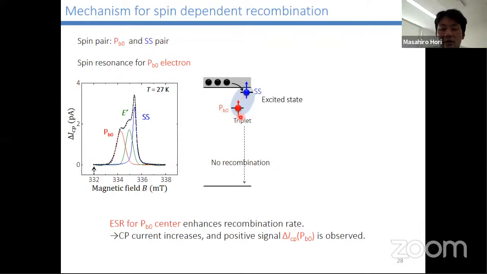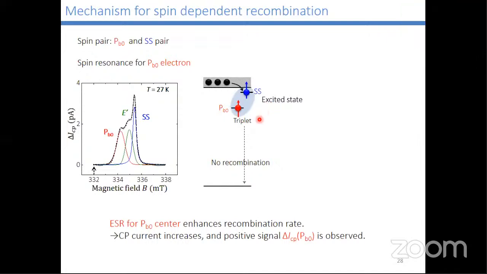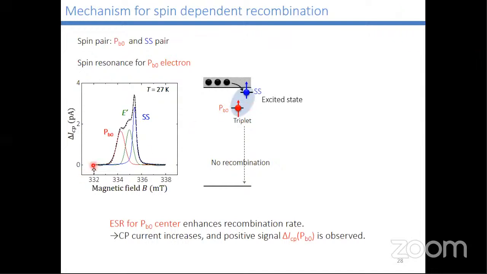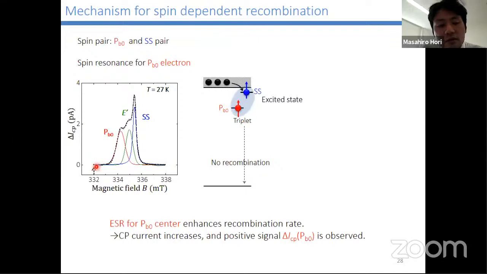Once these 2 electrons are captured in the triplet excited state, no recombination process occurs because of the higher energy states. So the charge pumping current does not change here.